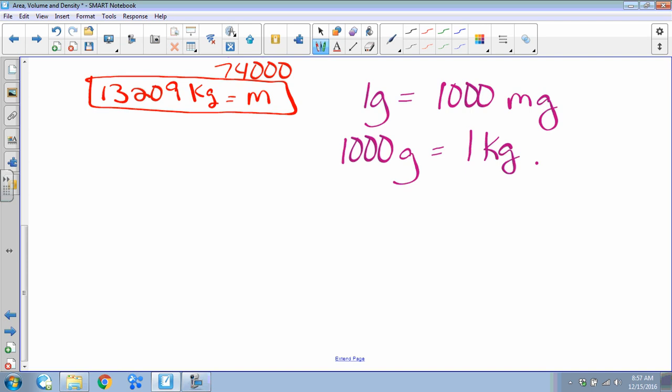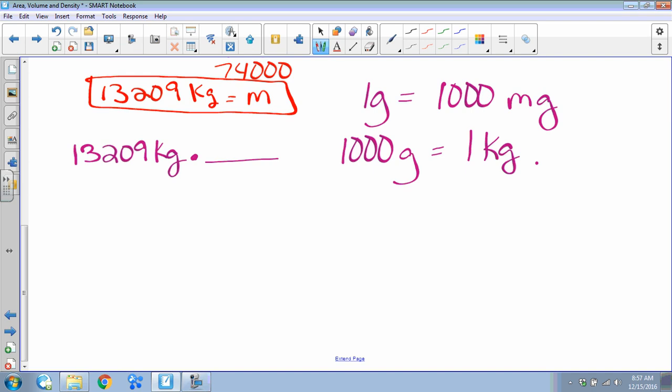Remember when we did degrees to radians and radians to degrees and we went over this conversion stuff? Of course you do. So if I wanted to change 13,209 kilograms to grams, I have to multiply times something over something, the conversion. Am I going to do kilograms over grams or grams over kilograms? Grams over kilograms. It's what you want on top.